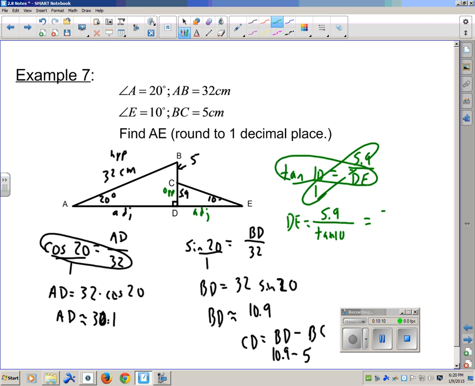And I end up getting about 33.5. So AE is equal to 30.1 plus 33.5, which gives us 63.6. That's the value we're looking for. It says round to 1 decimal place, and we've rounded that to 1 decimal place.